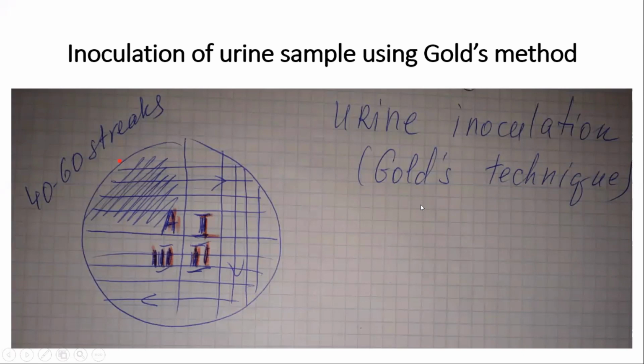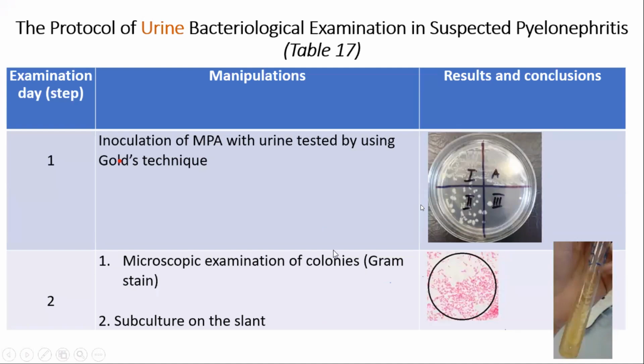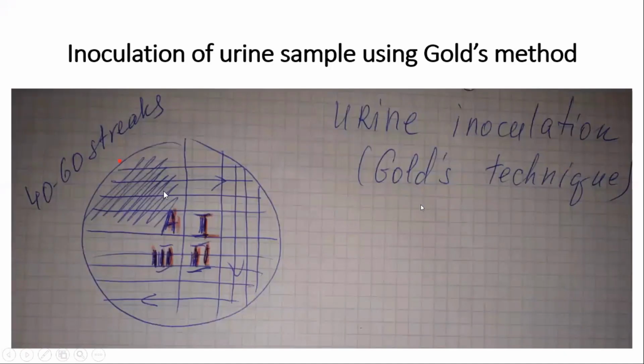Then you flame the wire. Will it be zigzag? It doesn't matter actually. It may be zigzag, like it is shown here. It may be parallel sticks, doesn't matter, but you should count 40-60 sticks.